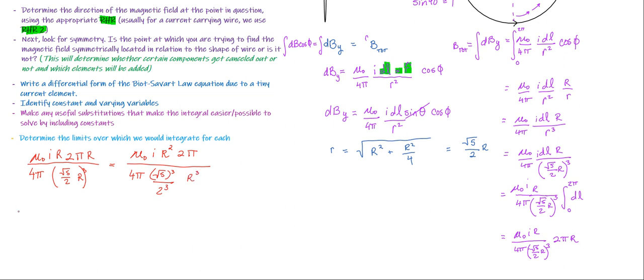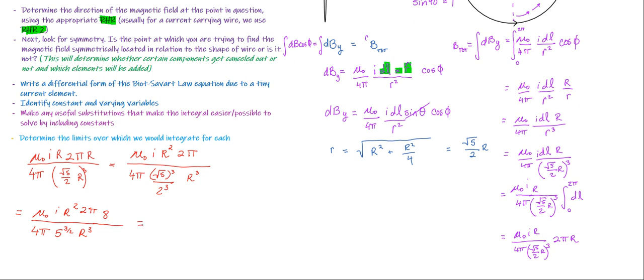I'm not going to do some simplifications yet until I've made some other changes, just because there might be things I can group together. So I have mu naught times I times r squared over 2 pi, and that's all over 4 pi. And now this part over here is going to become 5 to the 3 halves, and then r cubed. And this is a complex fraction, so I'm going to move this up top here, and 2 cubed is 8.